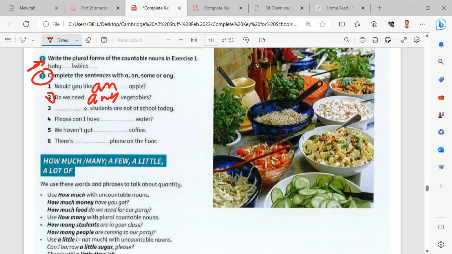Number 3. A student? Some students? No, because here plural. An starts with a vowel.